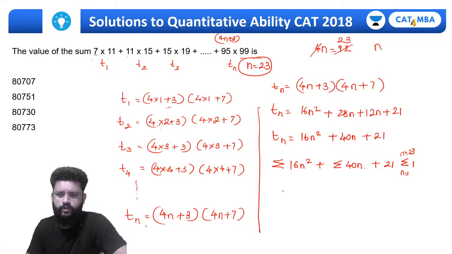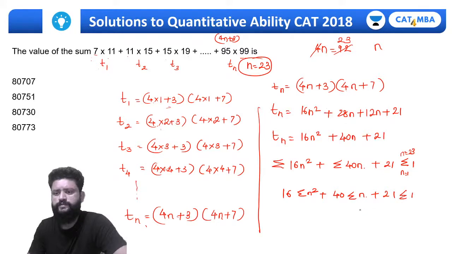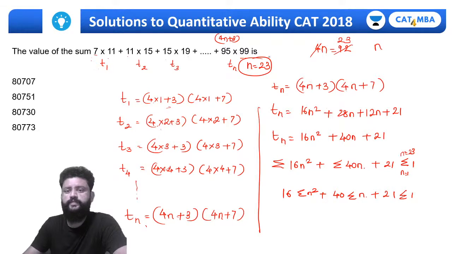Okay, so this will be 16 into the sum of n square plus 40 into the sum of n plus 21.